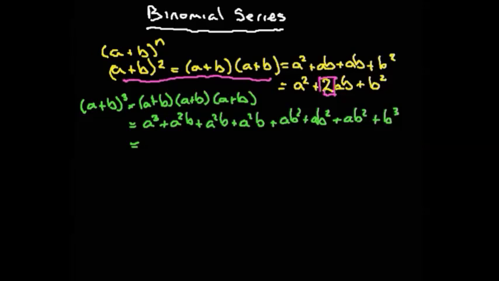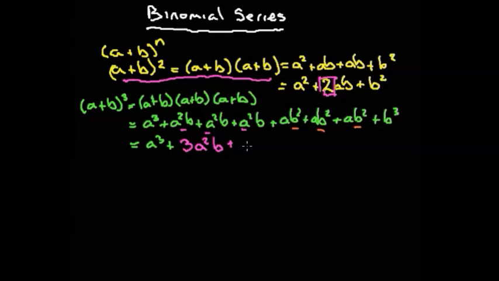So I've got 1 a cubed plus, look here, I've got 1, 2, 3, so 3 times a squared b occurs in this expansion, and it's 1, 2, 3 times that b squared occurs.